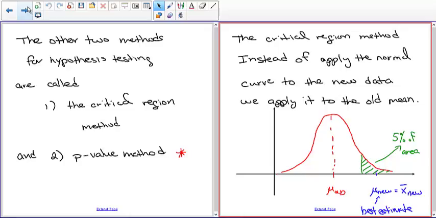I have my new sample mean out here, and if it's in this area, which represents 5% of the area underneath the curve, then I would say this is statistically significant. There's only a 5% chance or less that the measured difference is due to random sampling rather than the actual process change.